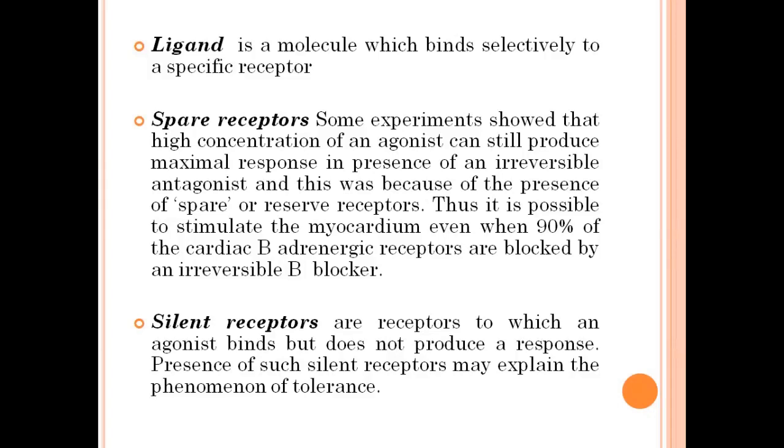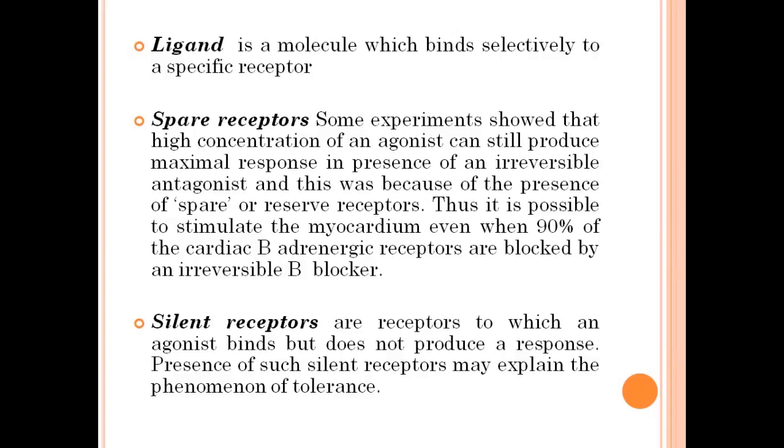Because other than the normal receptors, there are some spare receptors which can help us to cause the action of the agonist. A high concentration of the agonist, when it gets attached to the spare receptors, will cause the action to take place.